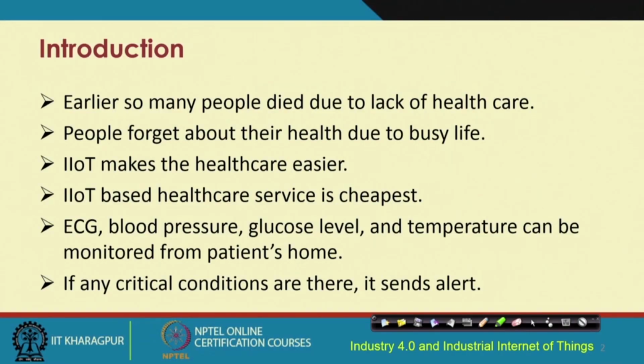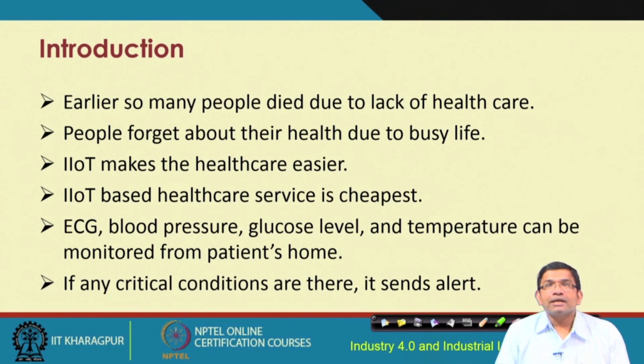Before I do so, let me give you some points of introduction. Healthcare nowadays has improved. In earlier days people used to die due to lack of healthcare. People used to forget about their health due to busy life, and this has also happened in the recent past. Additionally, the number of diseases has also increased in recent times.